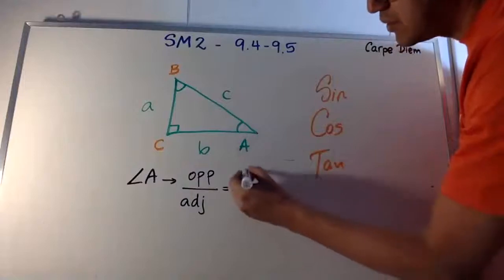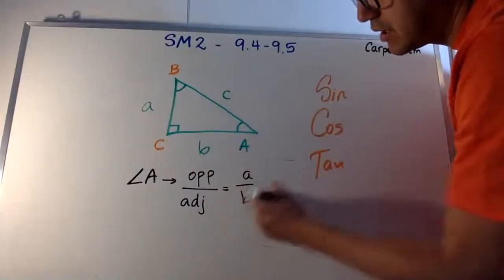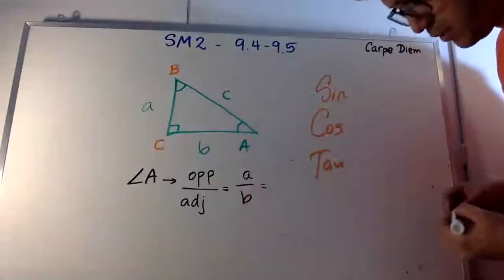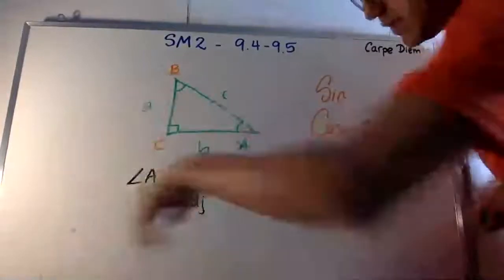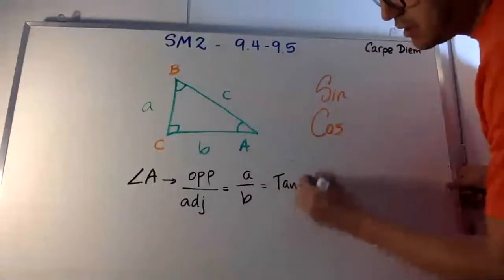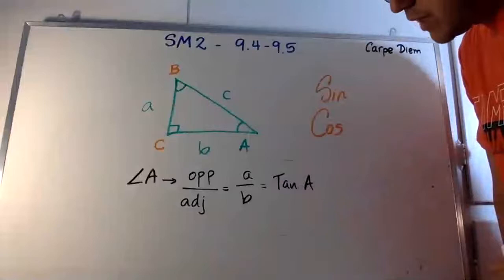It means we're going to do A over B. This ratio of A over B is what we call, hopefully you already know because you have been reading, the tangent of A. That's it. Simple, right?